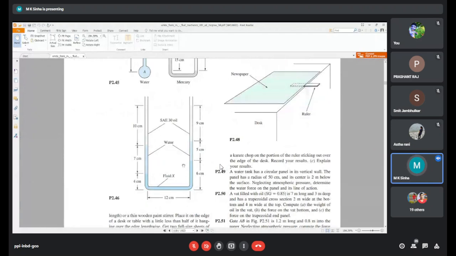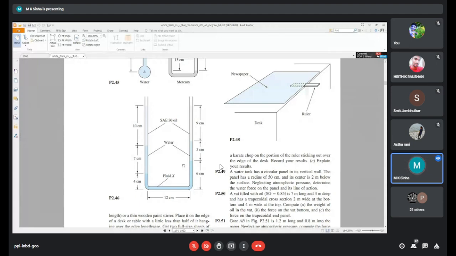So both sides of the manometer are open. There is a 10 centimeter height of the given oil on the left side, and 9 centimeter on the right side, then water 7 centimeter on the left and 5 centimeter on the right, then some fluid X of 4 centimeter, and here 6 centimeter is mentioned, and the bottom is 12 centimeter.